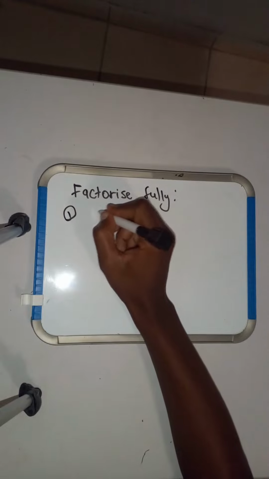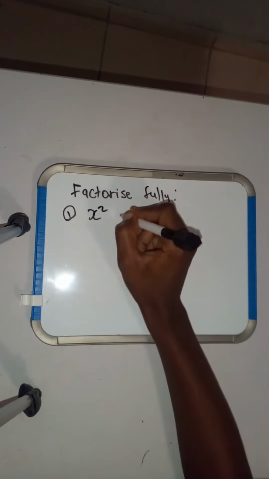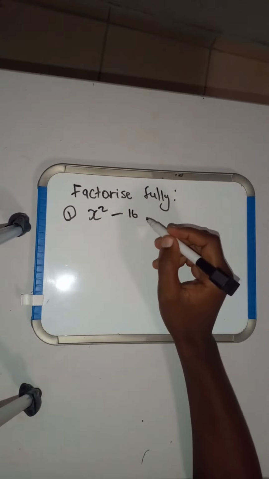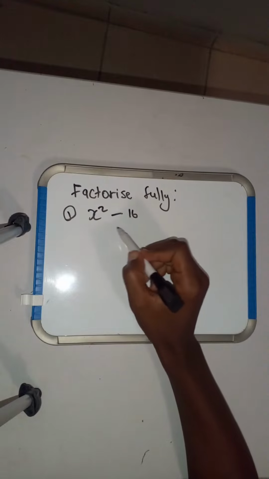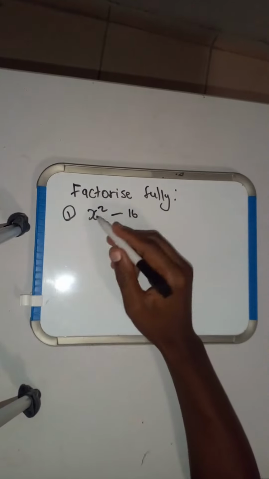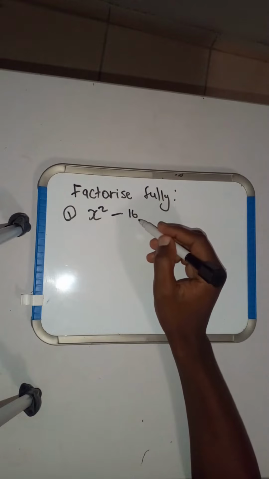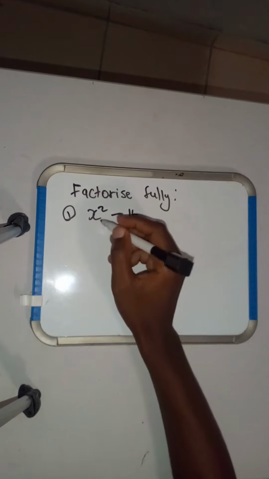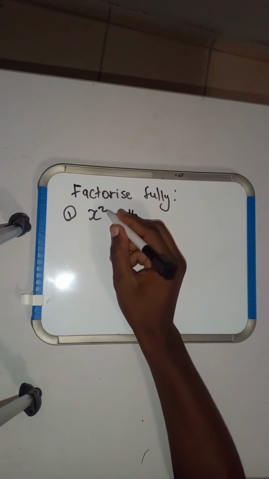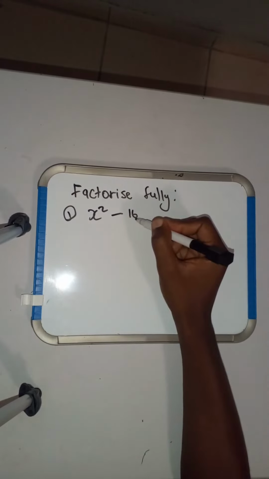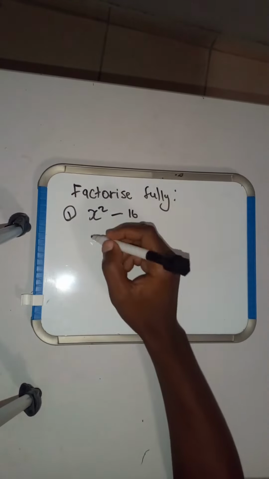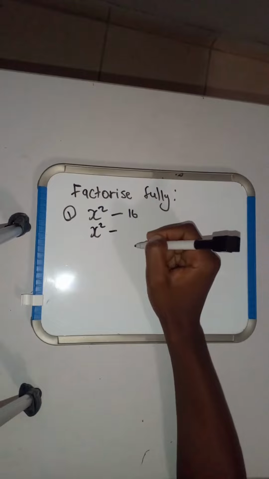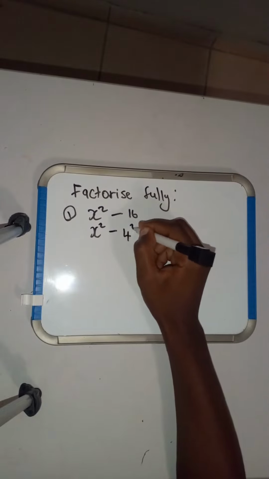I've got number 1, x to the power 2 minus 16. Since this expression is a binomial, before you factorize, you need to check if each and every term is a perfect square. x to the power 2 is a perfect square, and also 16 is a perfect square. Here we have x to the power 2 minus 4 to the power 2.